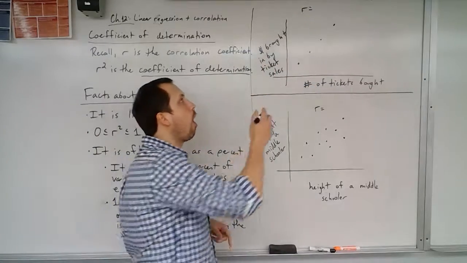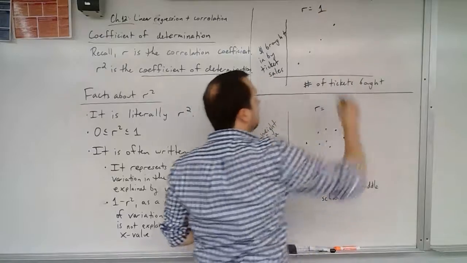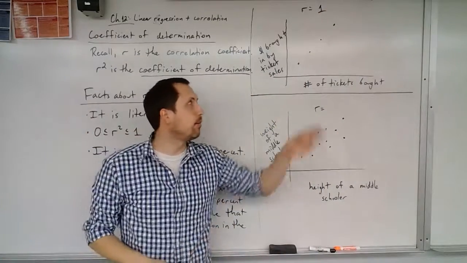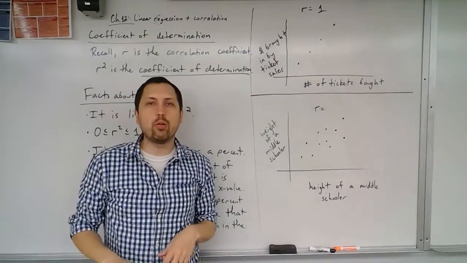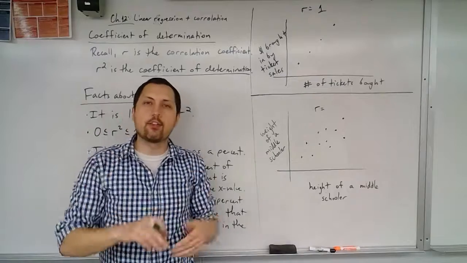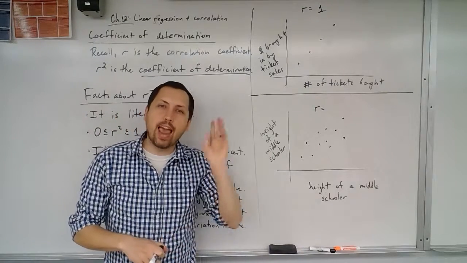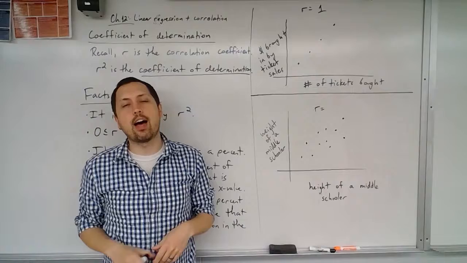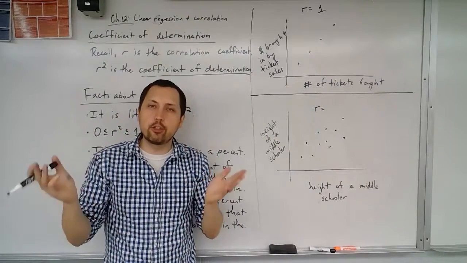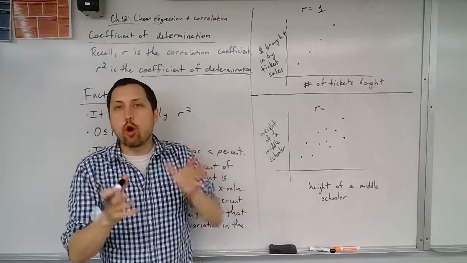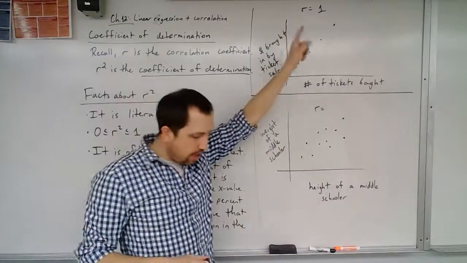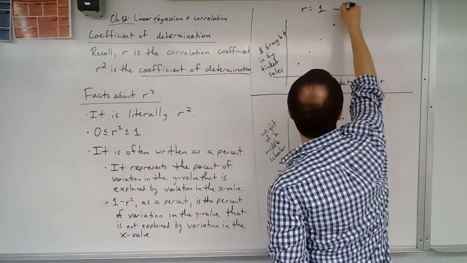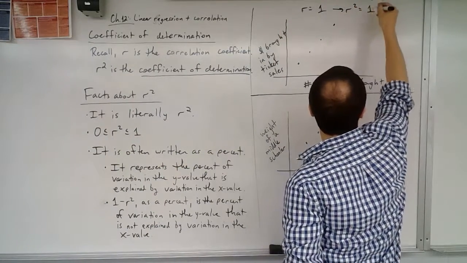In this case, this is a trivial example where R is equal to 1. Let's say there were 100 tickets sold at $5 a piece, so that's $500. At a different time there were 80 tickets sold at $5 a piece, so that would be $400. So why do I have different total amounts? In this case, R is equal to 1, so R squared is also equal to 1.